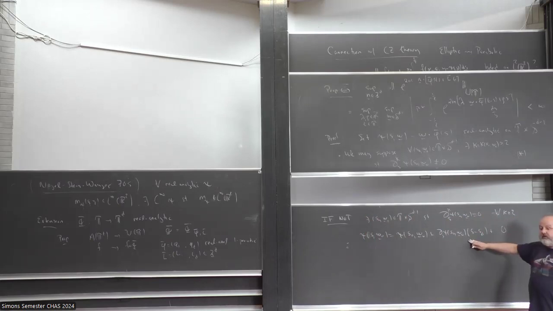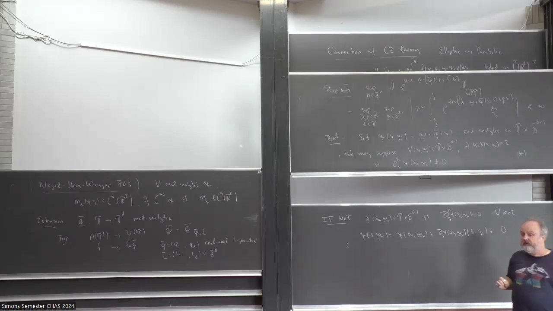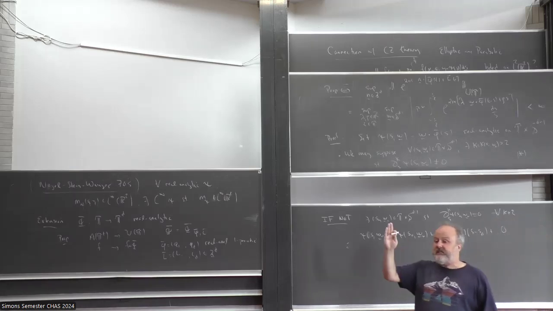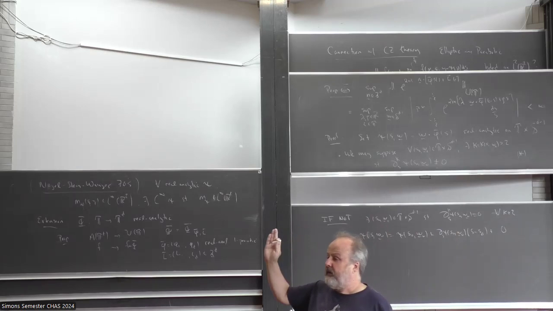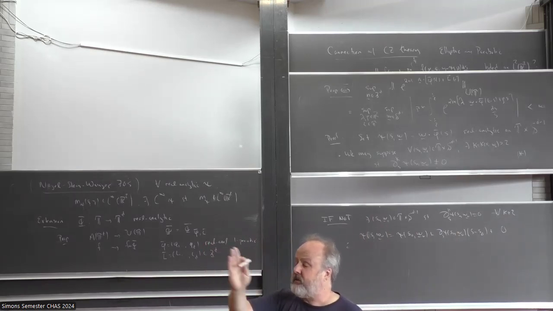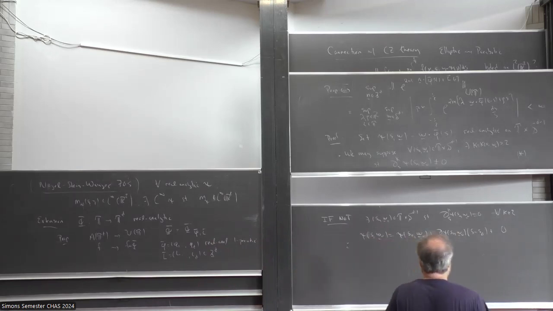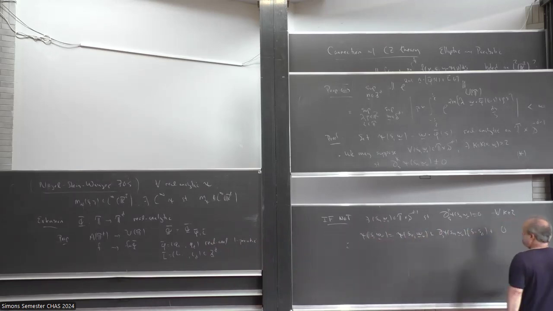All the derivatives vanish beyond 2. So the Taylor expansion, which exists since this is a real analytic function, by definition of real analyticity, this is actually true for all s near s naught.